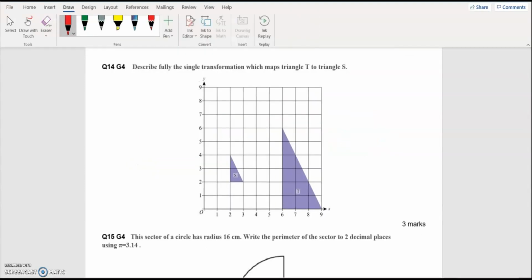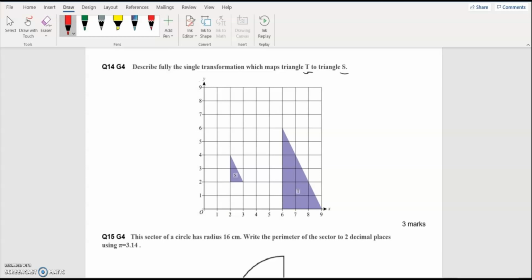In this question, we'll have to describe fully the single transformation which maps triangle T to triangle S. So I can see that one shape is larger than the other. So this suggests to me that this is an enlargement.